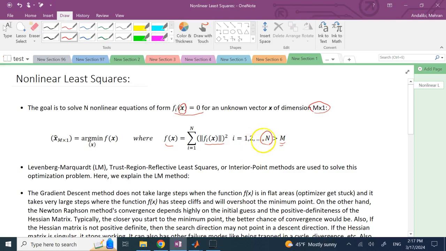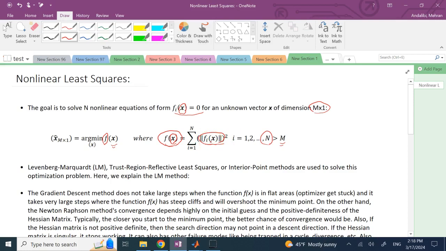So your system is over-constrained and you cannot get the exact solution, but you can take the norm of these individual functions, square them, sum them together, and call it the function f that has to be minimized by selecting the appropriate vector parameter x. So the goal is to minimize this scalar function f, which is a function of vector x, the sum of the squares of these residual terms.